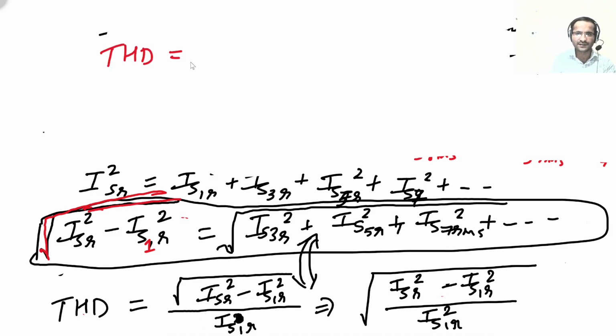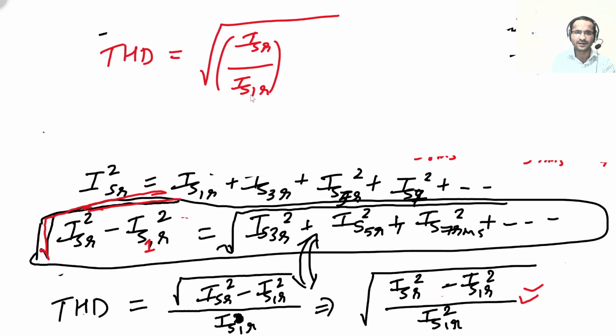THD from this equation is the square root of, ISR, which is total source RMS, divided by IS1 RMS, the fundamental source RMS, whole square, minus 1. So this is the THD.